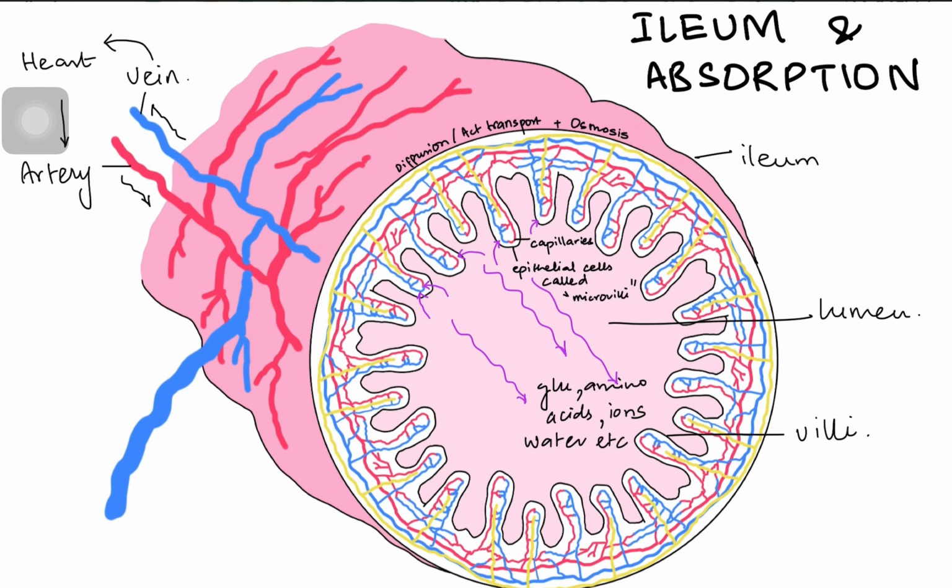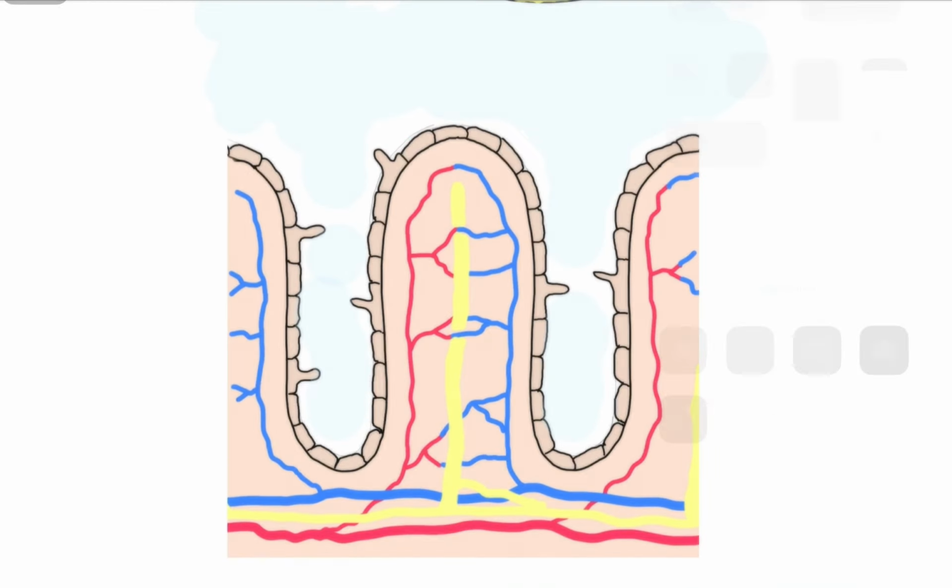So once all these food substances are absorbed into the blood capillaries, or you can say the lymphatic vessels, it goes into the blood vessel known as hepatic portal vein towards the liver. So all the food absorbed in the ileum goes through the hepatic portal vein towards the liver, because the liver is in charge of deciding what remains and what goes out of the body.